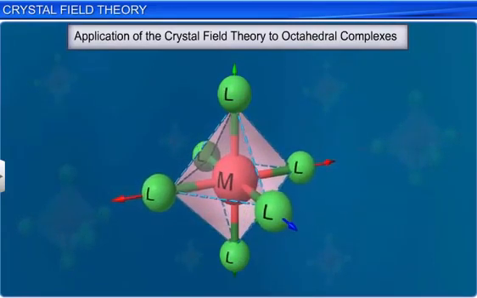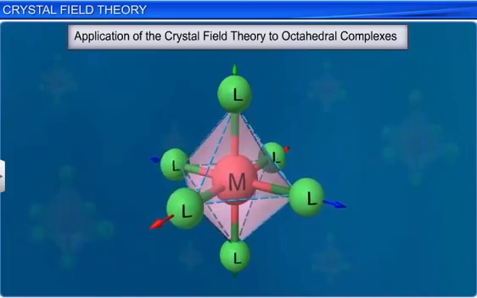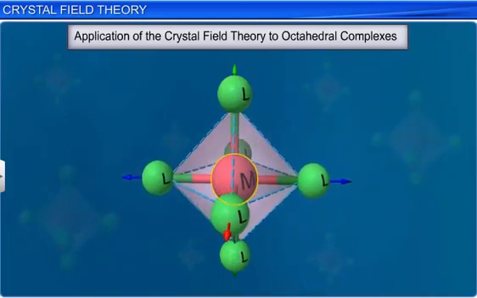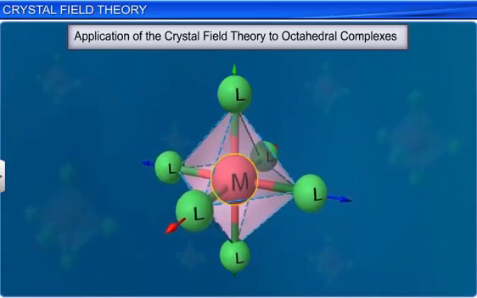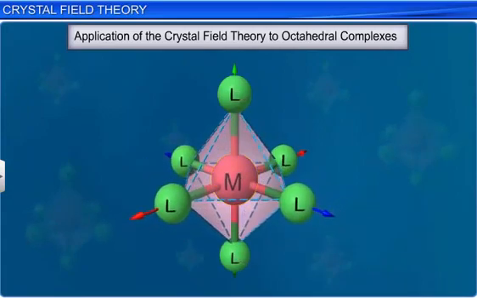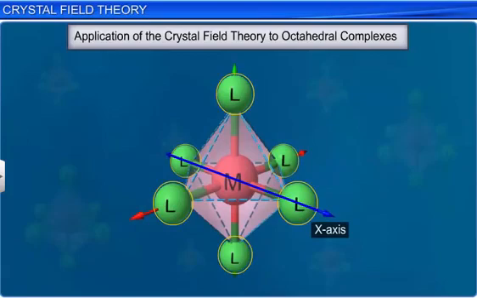In octahedral complexes, the metal ion is at the center of the octahedron, and the 6 ligands lie at the 6 corners of the octahedron along the 3 axes X, Y, and Z as shown here.